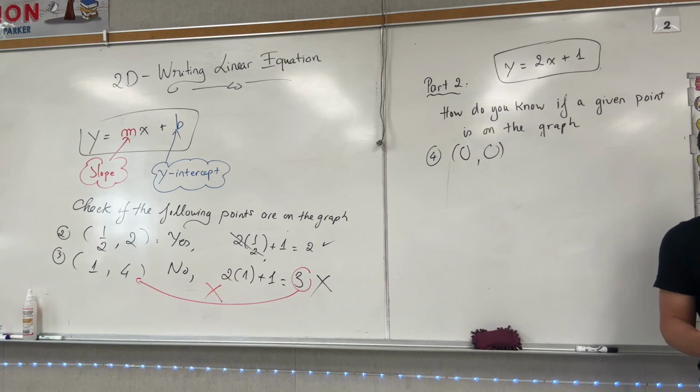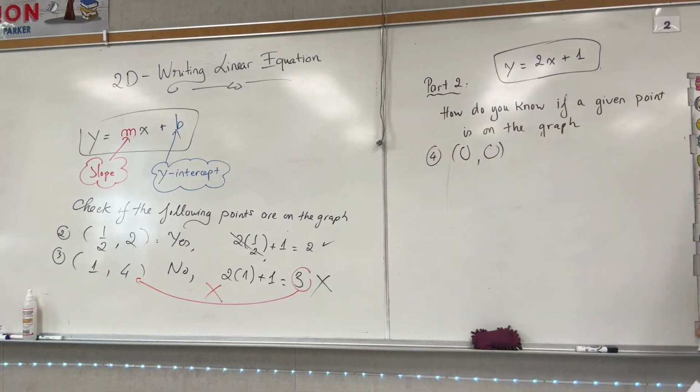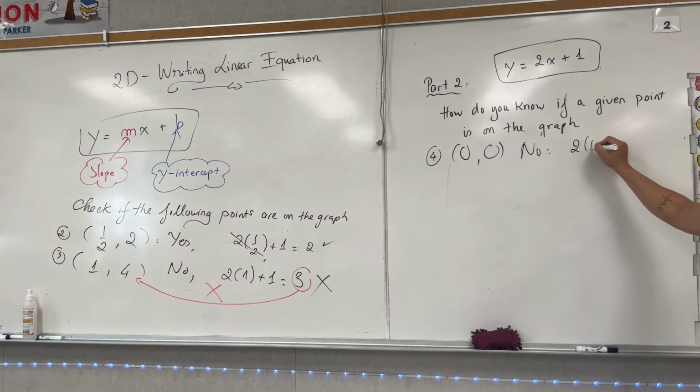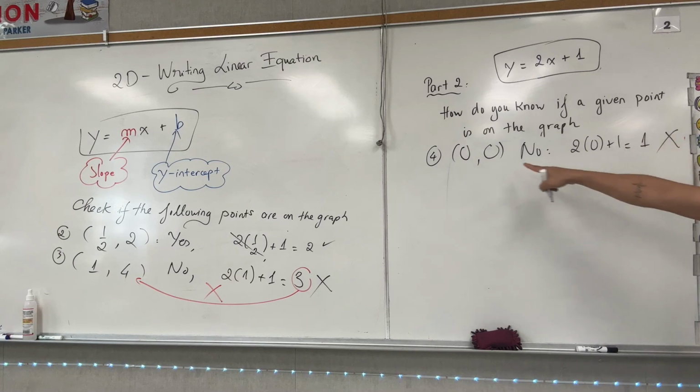I'm going to give a new person, Melissa? Can you explain? Very good. So 2 times 0 plus 1. That's going to be 0. 0 plus 1 is 1. So this is not matching with this. Okay, one point for Melissa.